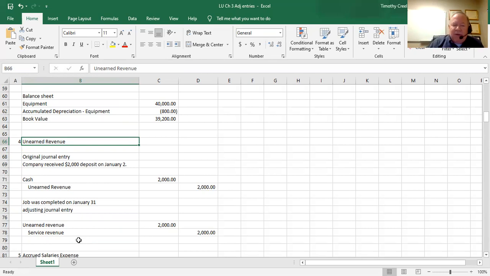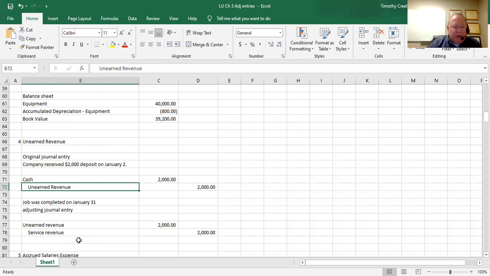So if you receive any money in advance, the original journal entry would look like this. Let's say that a company receives a $2,000 deposit for a job on January 2nd. How they would recognize that entry is they would debit cash and they would credit unearned revenue for that amount. They debit cash because they've received the cash. And this is the original journal entry that we made, not the adjusting journal entry.